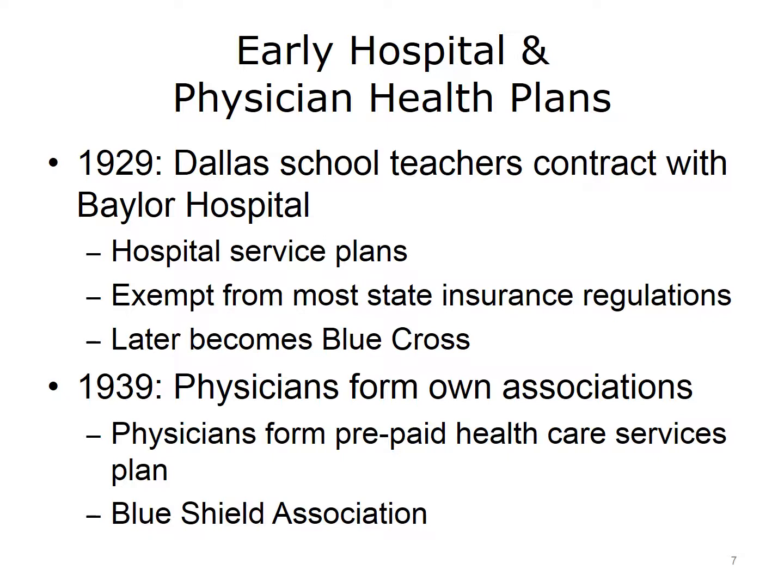These became known as hospital service plans and were exempt from insurance regulations in most states. The number of associations grew, and by 1939, nearly 3 million people belonged to a hospital payment plan. These plans would eventually come together and form the organization known as Blue Cross.